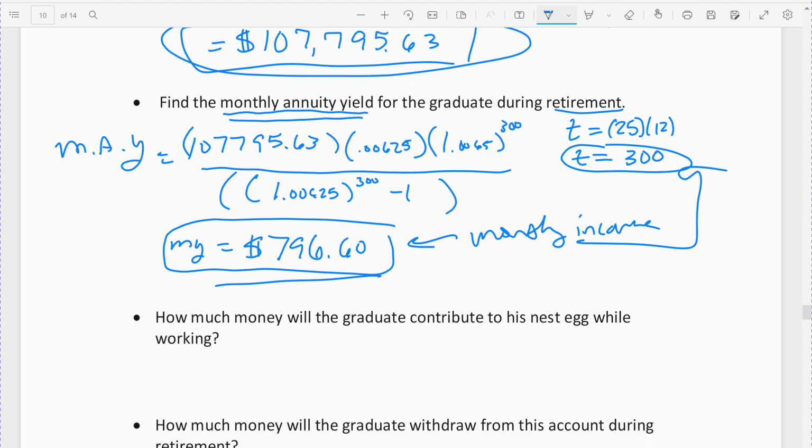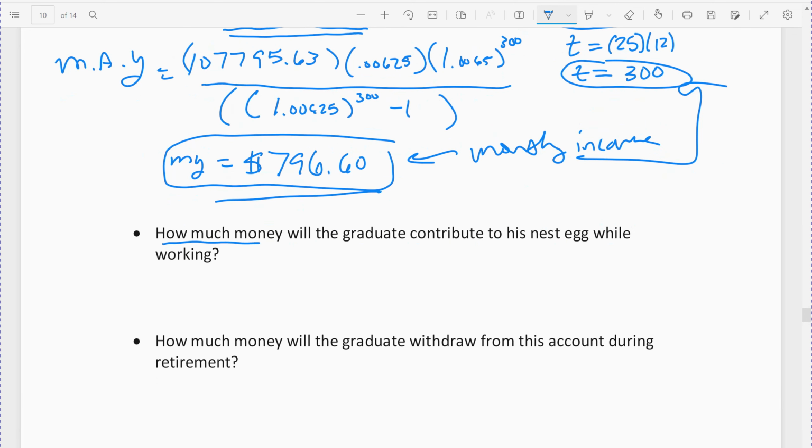Right? Every month I could pull out from this particular nest egg, I can pull out almost $800 a month, right? While I retire. And all I did was while I worked put in 80, so it's again a 100 times the return, right? I put in $80 a month. When I retire, I get $800 a month.